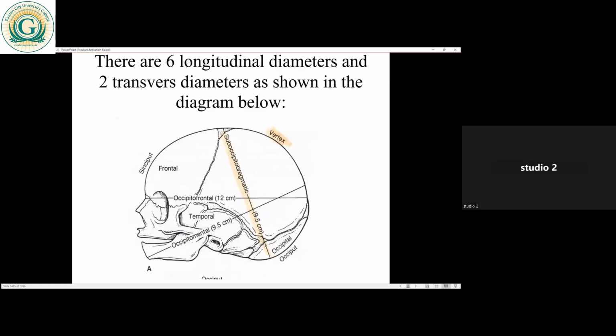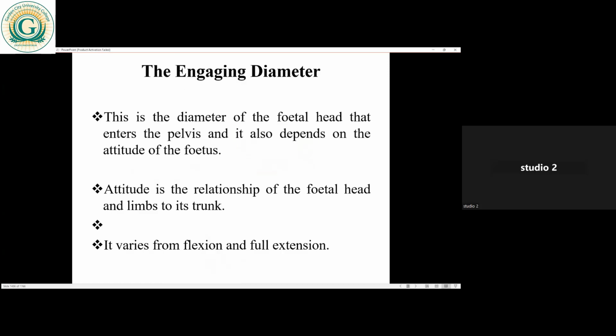When we say engaging diameter, what we are talking about is, when the fetus is coming, irrespective of the mother, which diameter is showing. Whatever diameter comes to the pelvic brim is what we call the engaging diameter. So this is the diameter of the fetal head that enters the pelvis, and it also depends on the attitude of the baby.